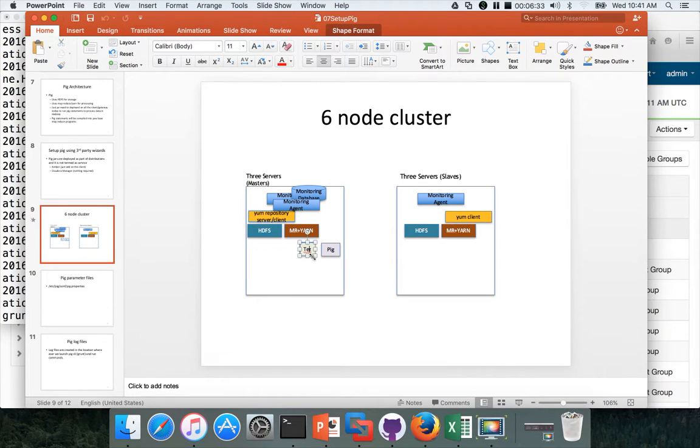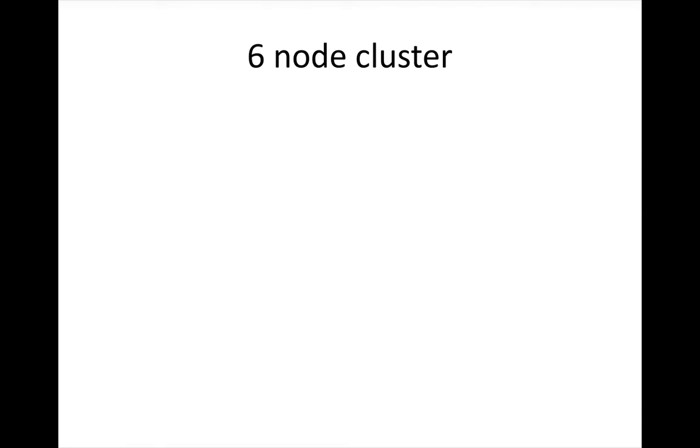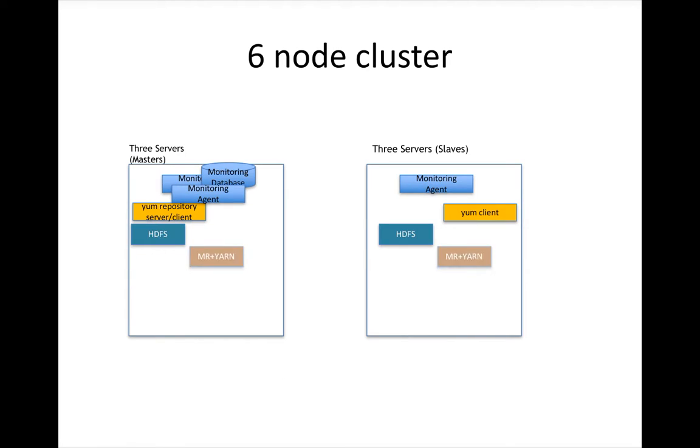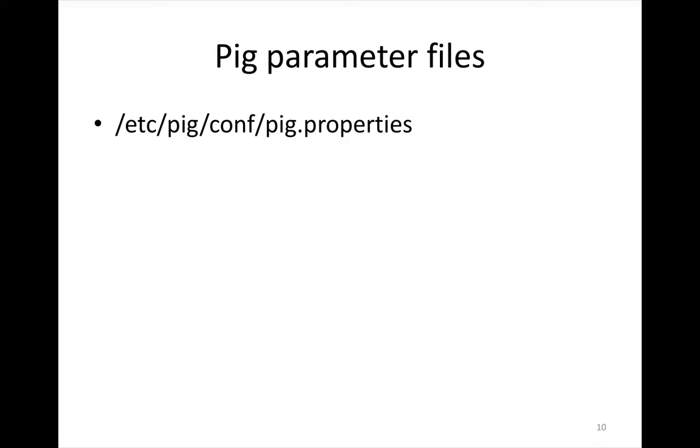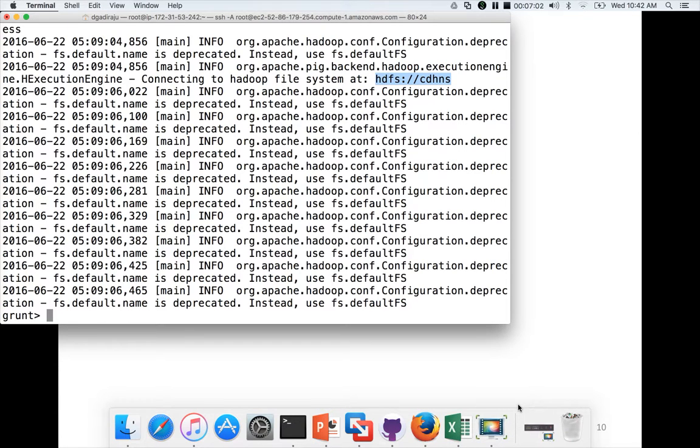It is only out of the box with Hortonworks, and we don't use Tez in Cloudera distributions, even though it can be added. No one adds that. And Pig automatically comes as long as and when you actually set up HDFS and Yarn and configure gateways for both. Pig will be accessible for Cloudera. Okay, so this is the parameter file, /etc/pig/conf/pig.properties.